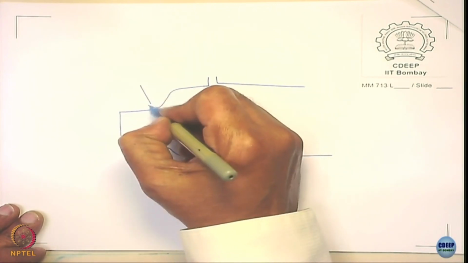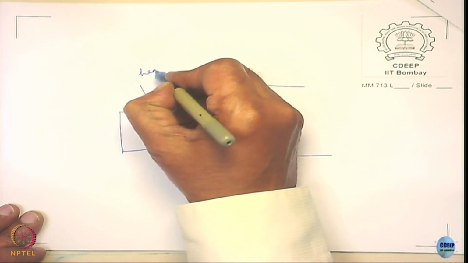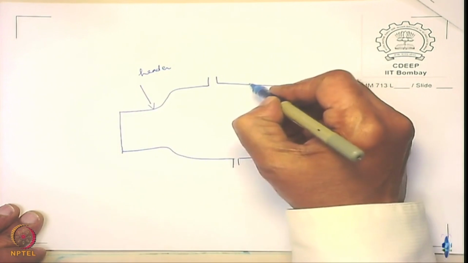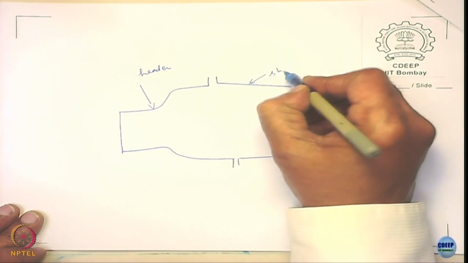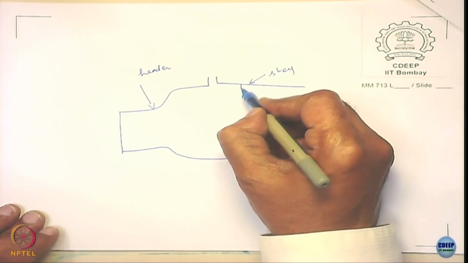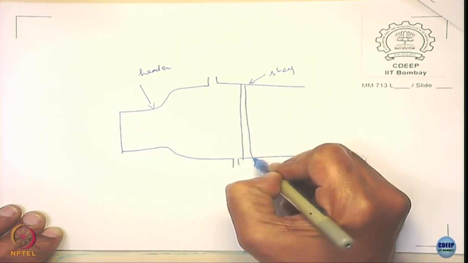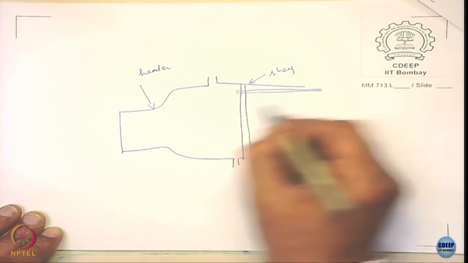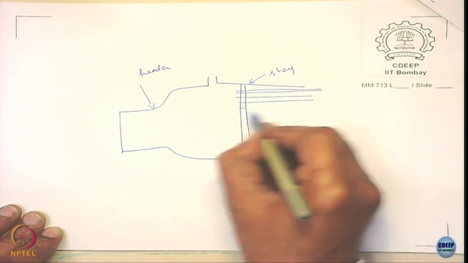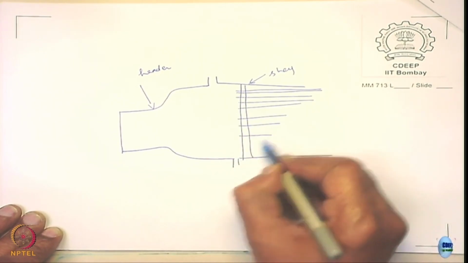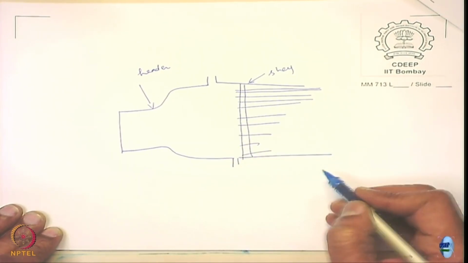This is called as a header or shell, and you have, not exactly right here, you will have of course tubes. All these tubes are going over like this, okay.